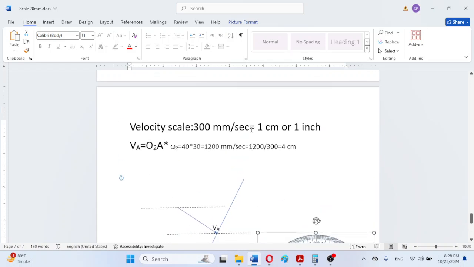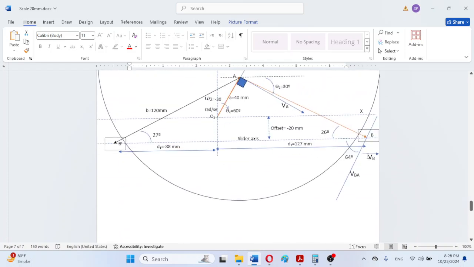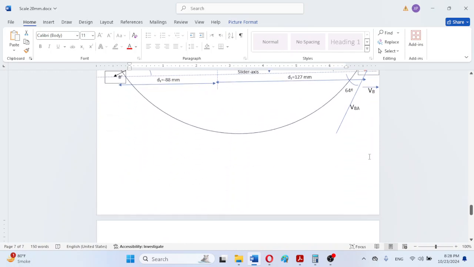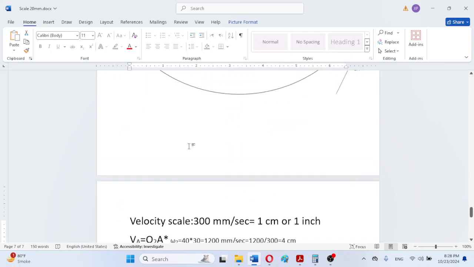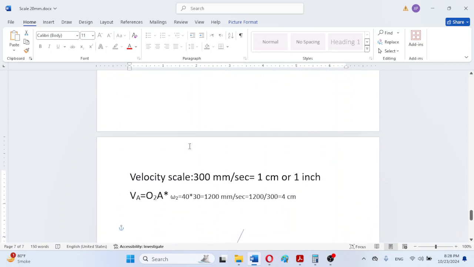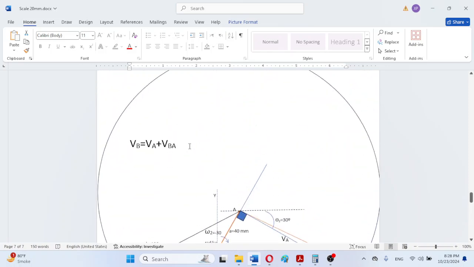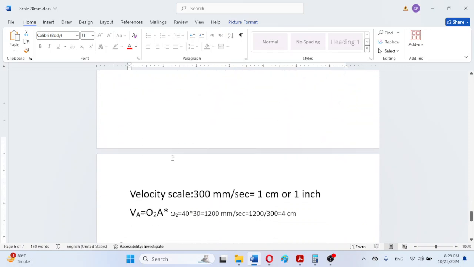Now our last line, the last vector is VB, and the VB vector is actually the resultant. So the resultant vector VB will be starting from the tail of this vector VA, and that will be connected with the head of this vector VBA, because VB is the resultant.